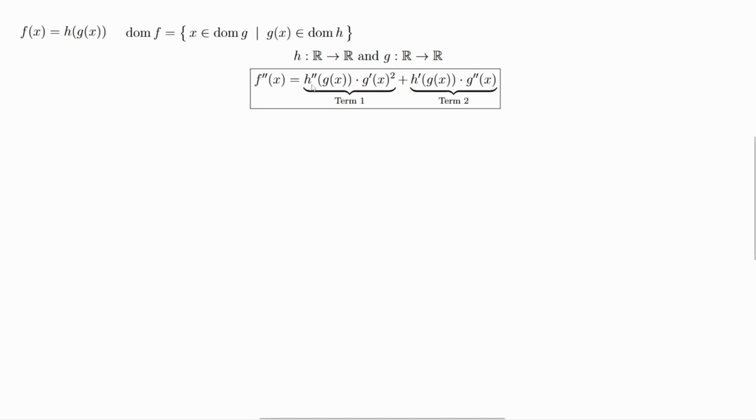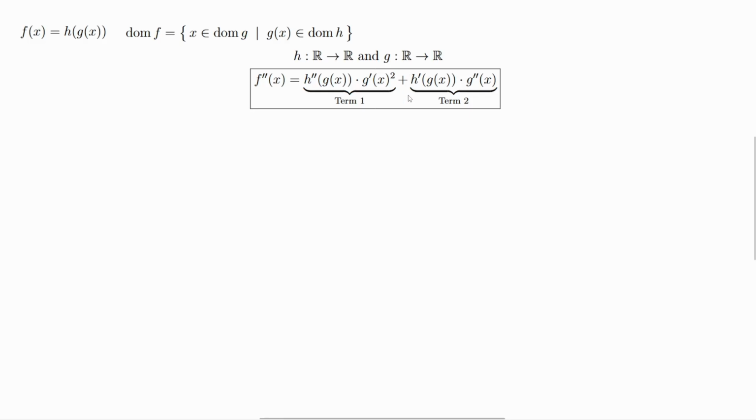So the sign on the first term is entirely determined by h double prime of g of x. If h is convex, meaning the Hessian is positive, or in this case, since it's one-dimensional, the second derivative is greater than or equal to 0 everywhere, the whole term is non-negative, regardless of what g does.